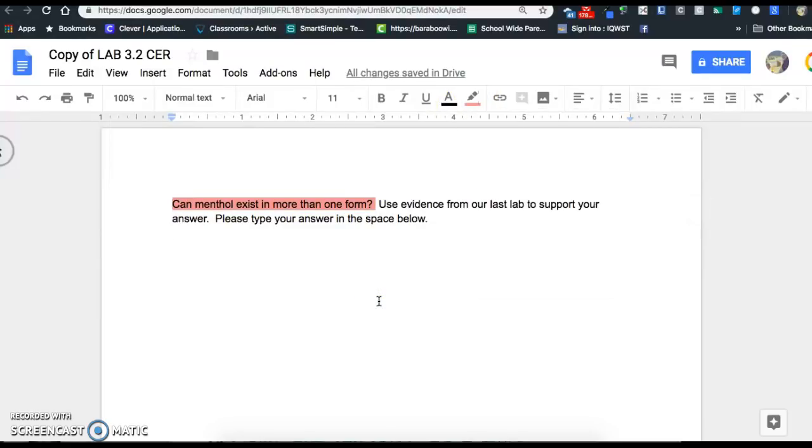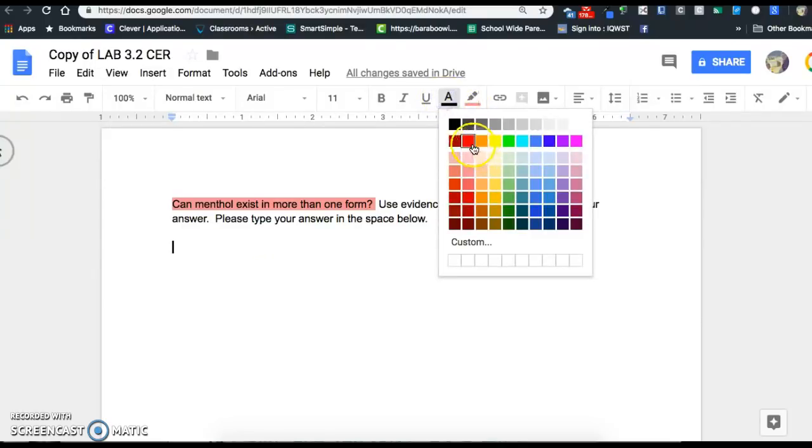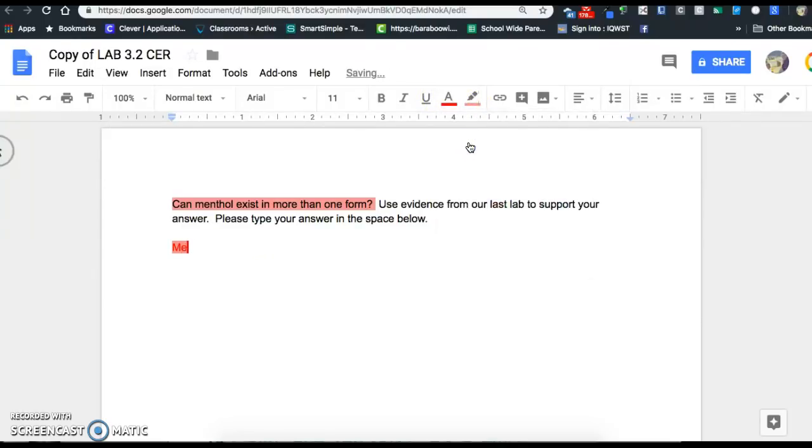So I'm going to look at that question, can menthol exist in more than one form? And I'm going to rewrite this question as a statement using only the words from the question. So what I'm actually going to write is: menthol can exist in more than one form.